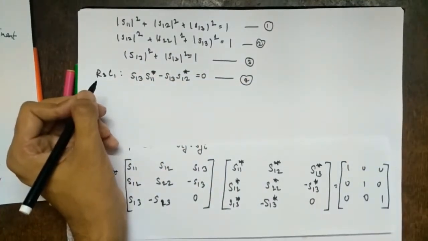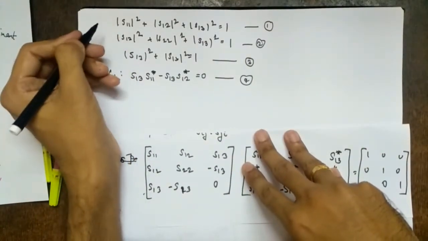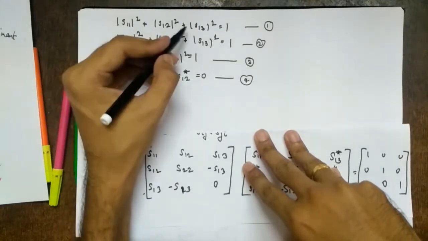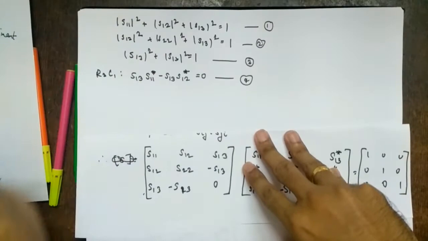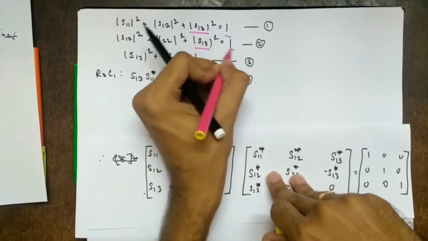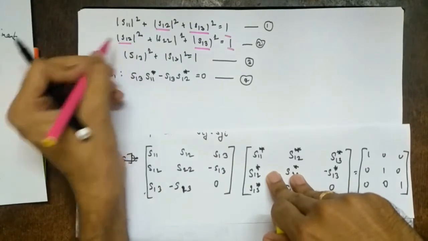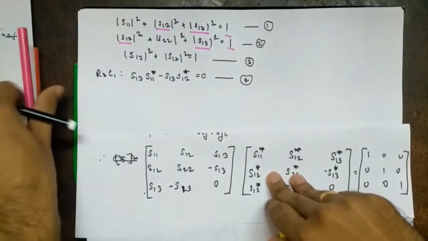So what can we say from this? Let's see first equation 1 and 2. I have S13 here, S13 here, this is 1, this is 1, this is S12, this is S12. So what does this indicate? That S11 equal to S22.